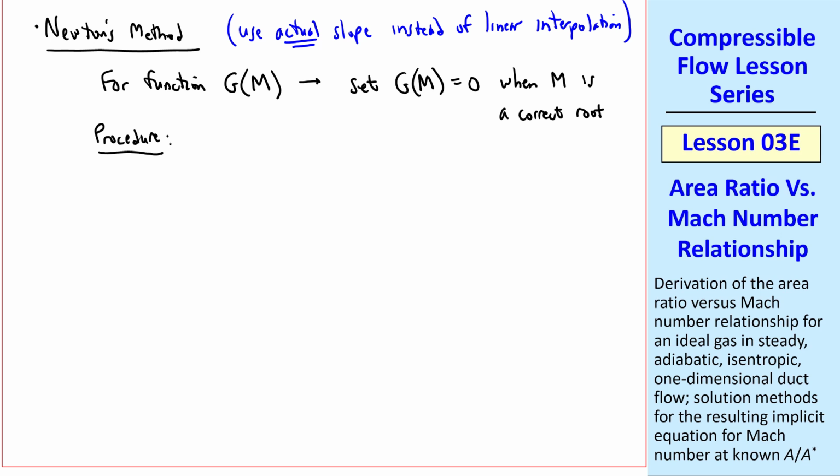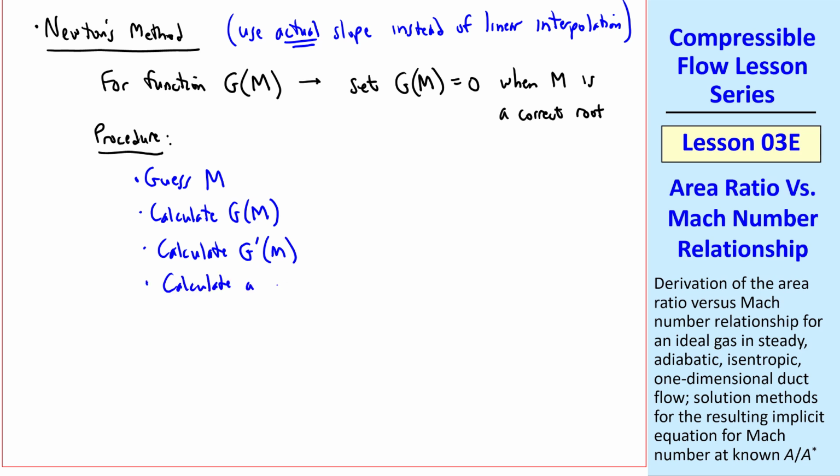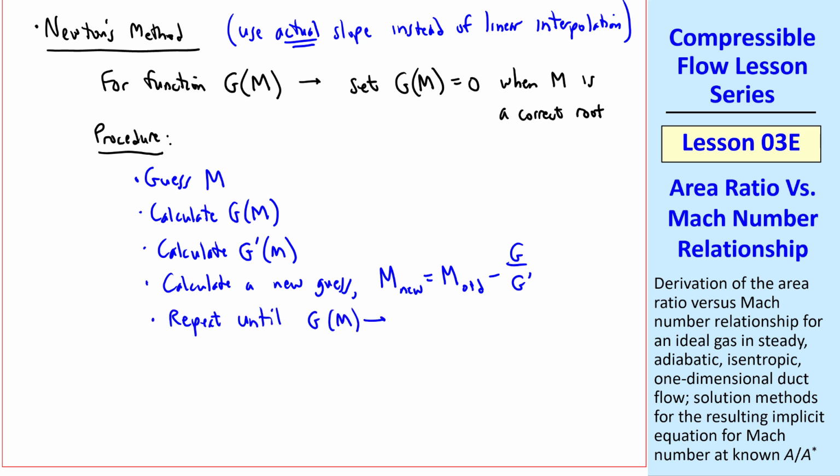Here's the procedure. You guess m, you calculate g of m, you calculate g prime of m, you calculate a new guess, namely m new is m old, the previous guess, minus g over g prime. And then you repeat until g of m goes to 0, or to something very small like 10 to the minus 10th.